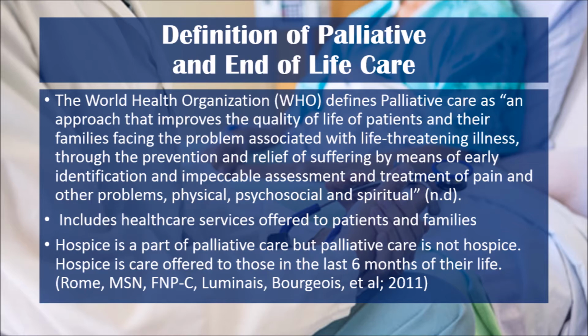WHO also states that palliative and end-of-life care incorporates relieving pain and other distressing symptoms, affirms life and dying as a normal process, and integrates psychological and spiritual aspects of patient care through the process of dying, as well as emotional and physical symptoms. Hospice is a part of palliative care, but palliative care is not hospice. Hospice is care offered to those in the last 6 months of their life.